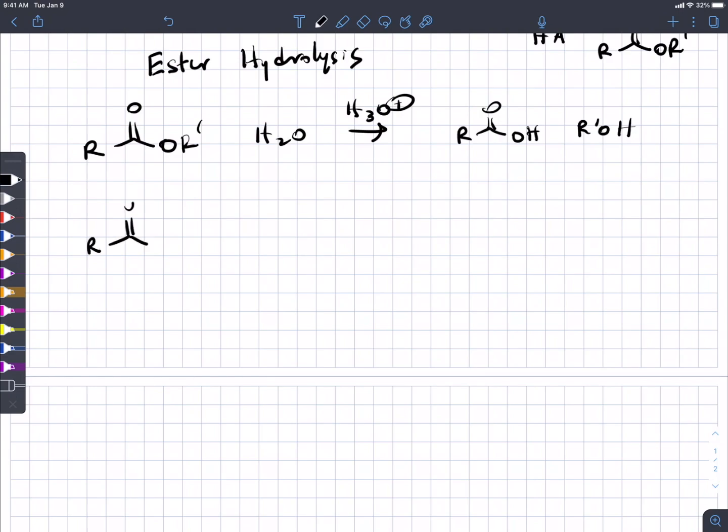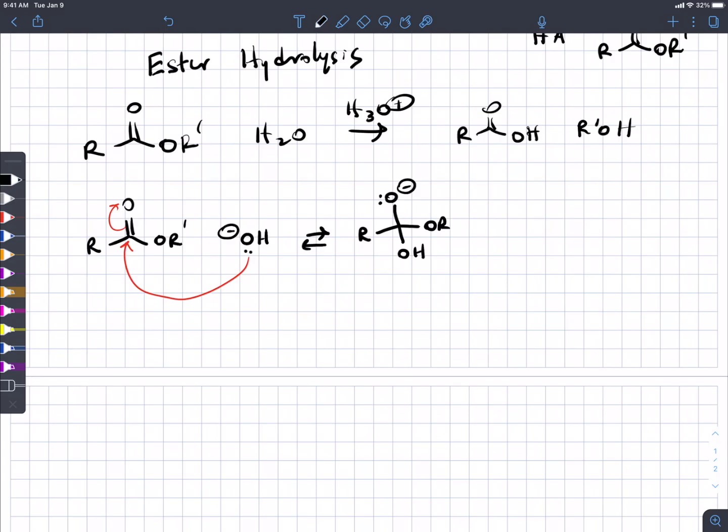If you take an ester and hydroxide, you can attack the carbonyl carbon directly to get a tetrahedral intermediate. If this tetrahedral intermediate collapses to kick off OR minus, or sorry, OH minus, you're just going back to this previous step.